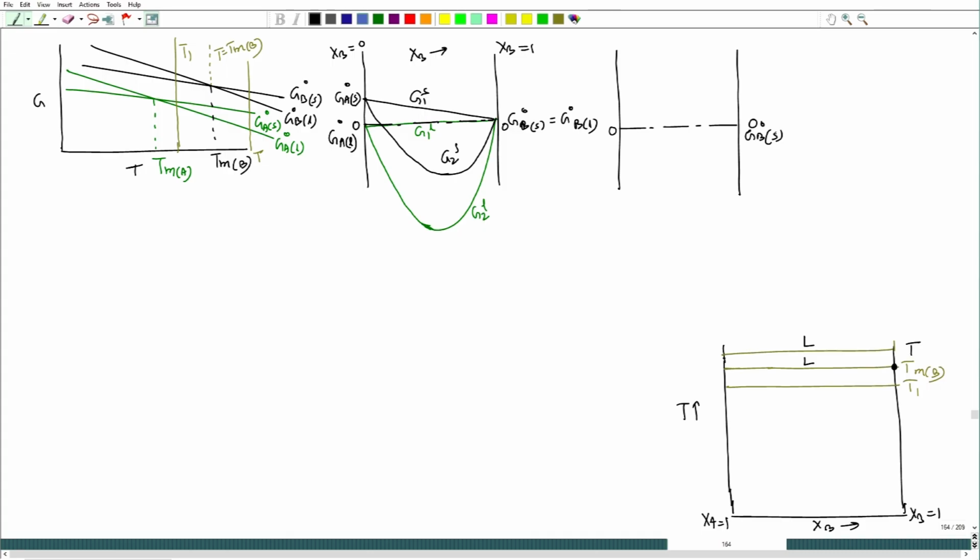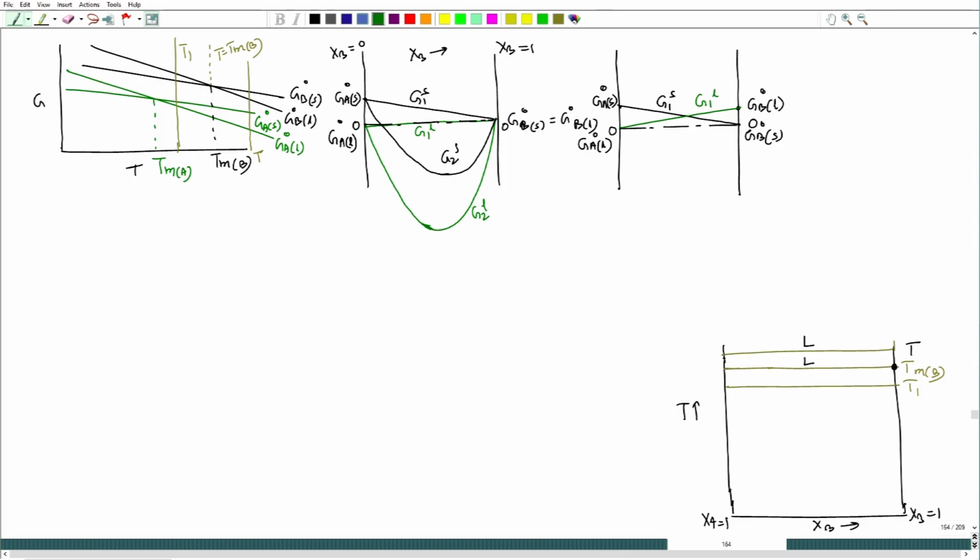So, that is what G B solid is taken as zero, and G A liquid is still stable, and this is G A solid, and this point is G B naught liquid. Okay. Because T equal to T1, which is below melting point of B, solid B would be stable. So, now this is G1 solid, this is G1 liquid.